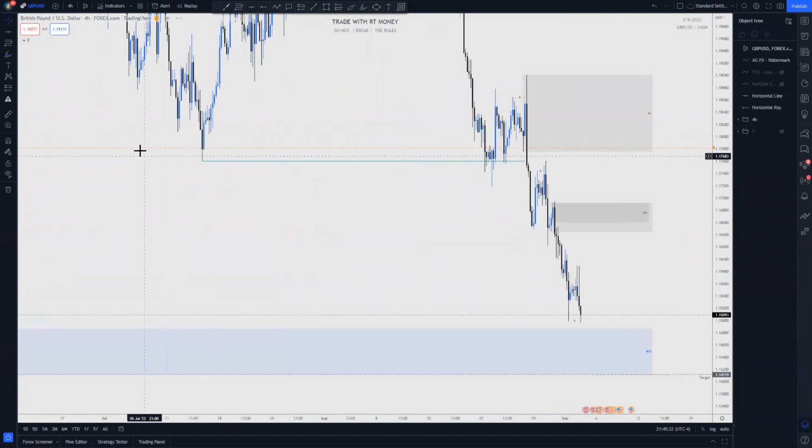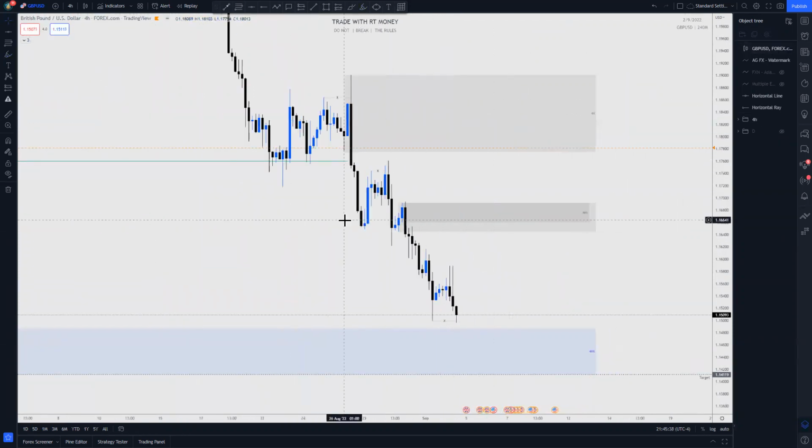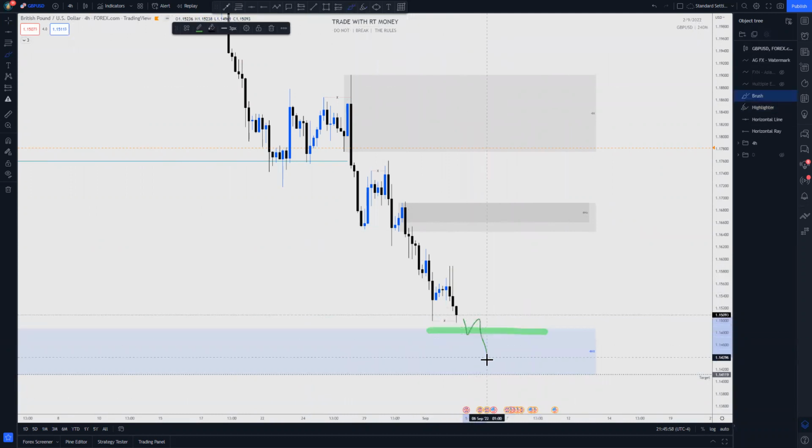We can see that bearish impulse that breaks that structure there. We can see possible zones that price could pull back to if price finds its footing here. As soon as price reaches this zone, I'm going down to the 15-minute, looking for 15-minute confirmations that price may want to turn around.